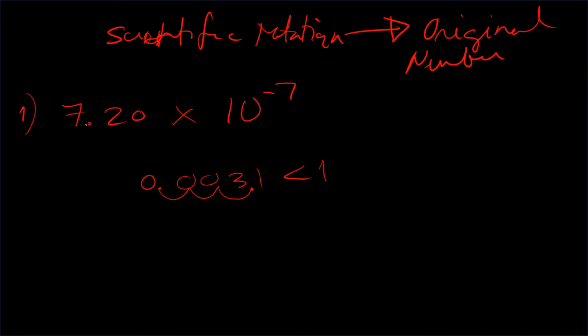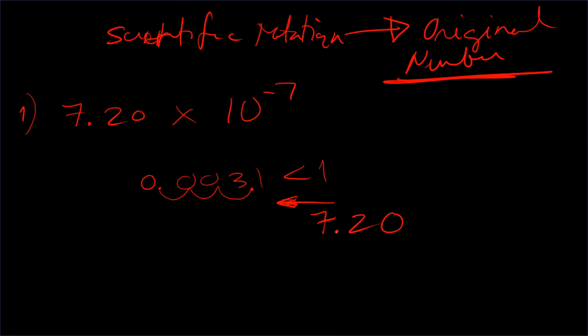So kapag ibabalik natin siya back to its original value, the decimal place must be moved to the left side, times the n exponent. So dito, 7.20 times 10 raised to negative 7. Meron tayong 7, dito ko na isulat, 0.20. Andito yung decimal, dapat mag-move tayo 7 times papunta sa left side para maibalik siya dun sa original number niya.